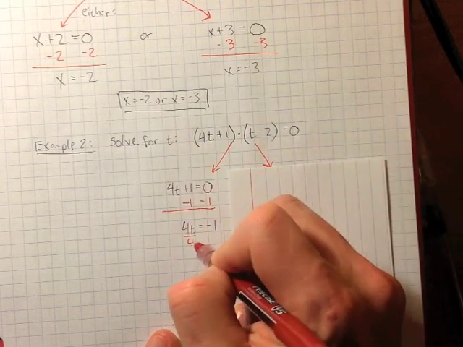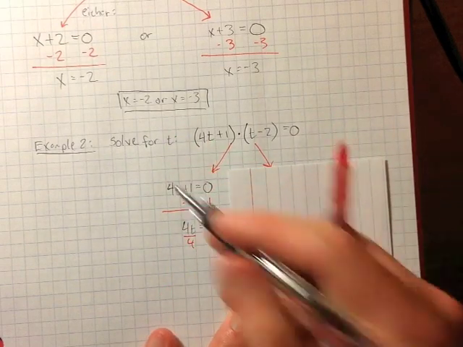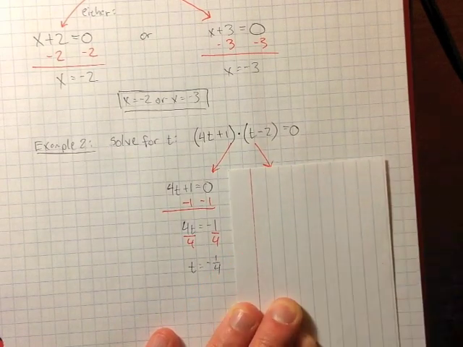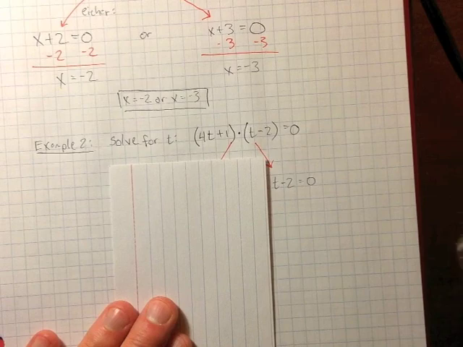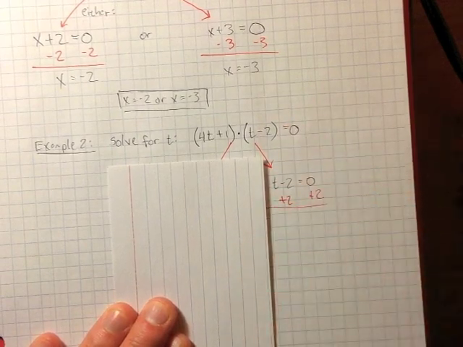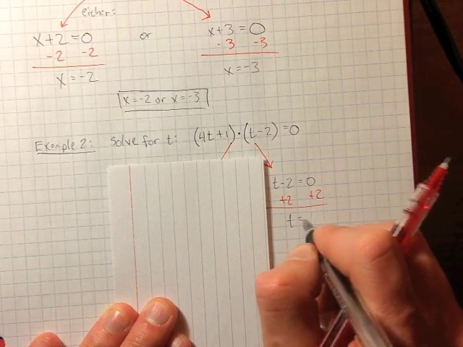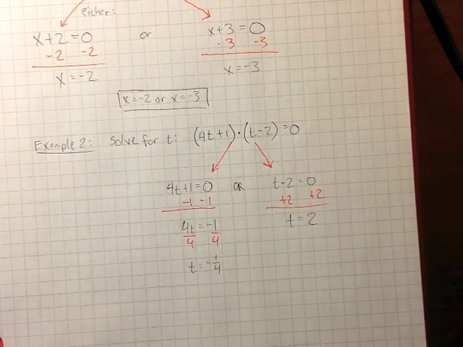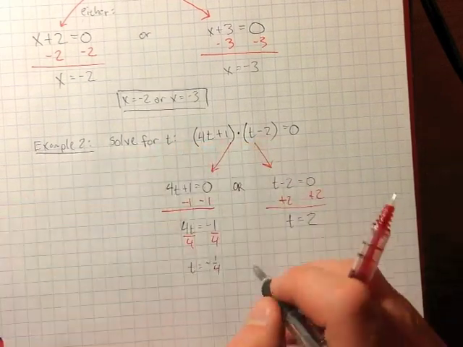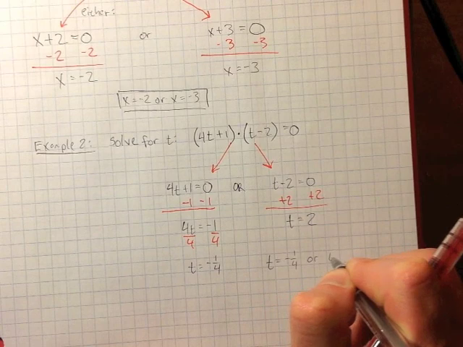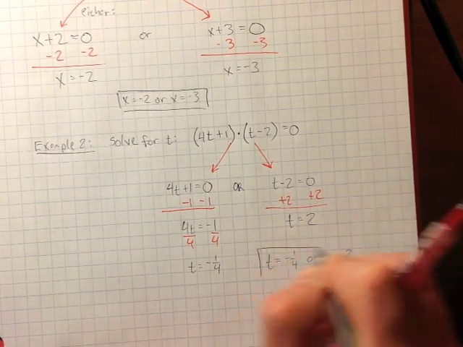And then divide both sides by 4. So t could be negative 1/4. Or we could add 2 to both sides on this equation. t equals positive 2. So the two numbers that we could stick in for t to make that equation true are t equals negative 1/4 or t equals 2.